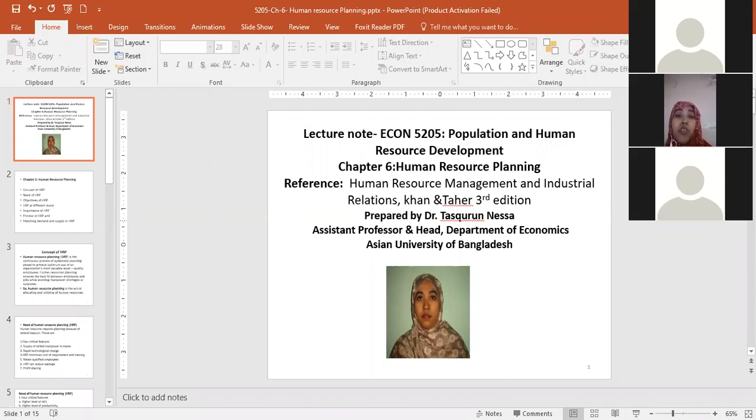So don't use only the digits. You have to write the letters and then the digits. This is the full code, okay? Right. So my course code is ECON 5205, okay? Right, remember.